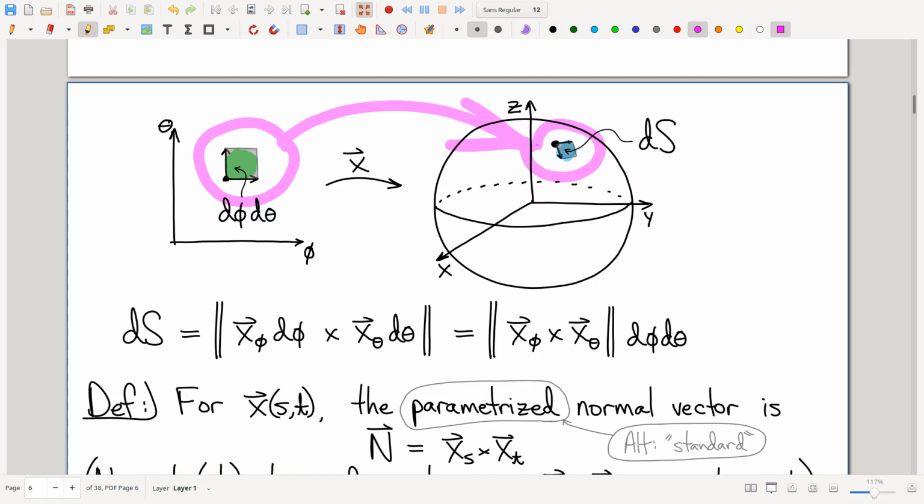The way we're going to do that is by literally computing this blue area. This little blue area is a parallelogram, and we have a formula for the area of a parallelogram: the magnitude of the cross product of the two edge vectors. These two edge vectors come from moving in the phi direction and the theta direction. This comes from the previous page, which I'm skipping, but I'll make a quick appeal: these look just like the formulas for the edge vectors that we wrote down when we did change of variables.